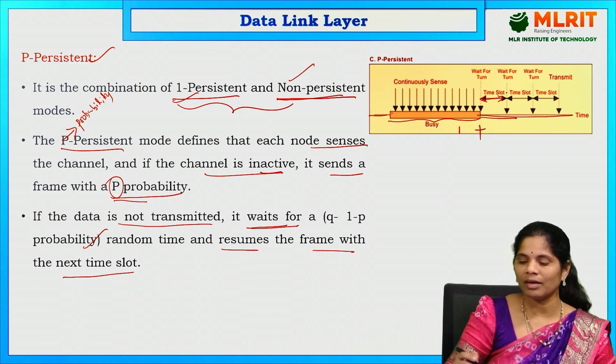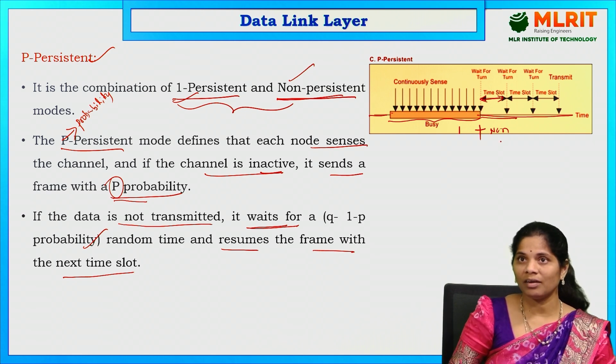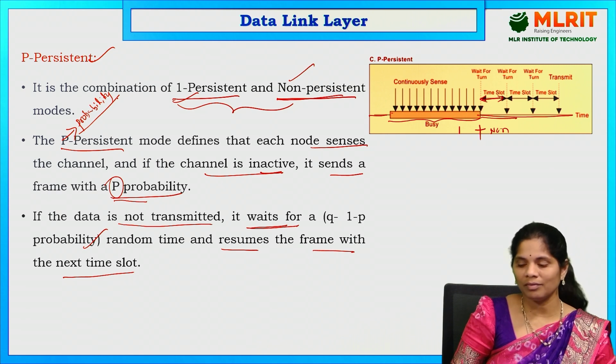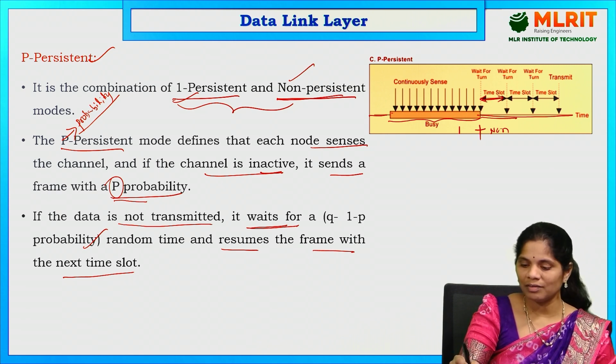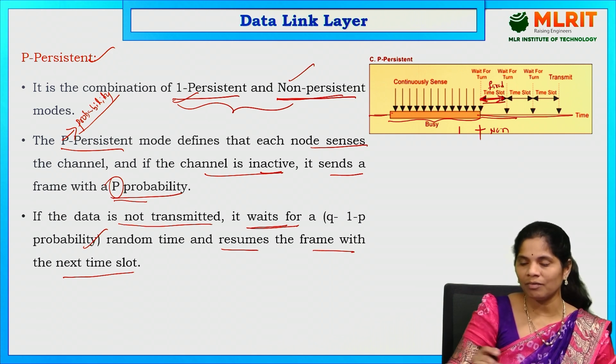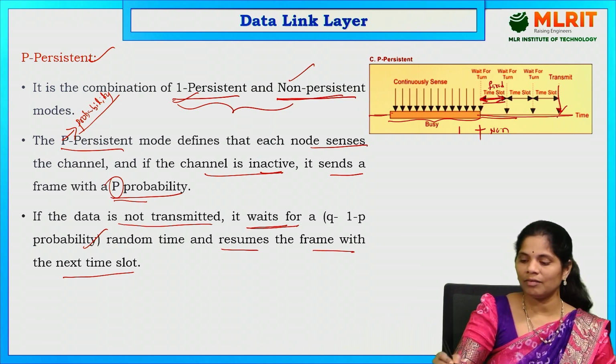One plus non-persistent is the P-persistence, which mainly focuses on the probability of sending the frames, meaning wait for the turn. Here it is the fixed time, the time slot. Whatever time we are waiting, that is the fixed time. Then if it is idle, it will transmit the data.